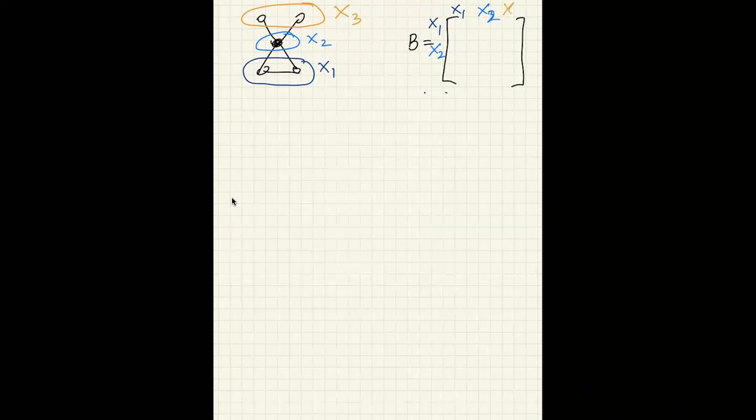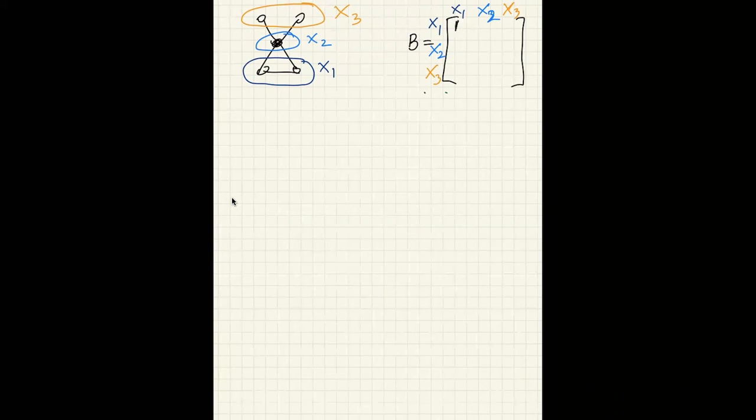And the last one is x3 here. And then we write the entries corresponding to each of these parts. So what is the entry in the first position, x1? If we look inside x1, what is the degree of regularity that we see inside x1? And so that value will be 1.